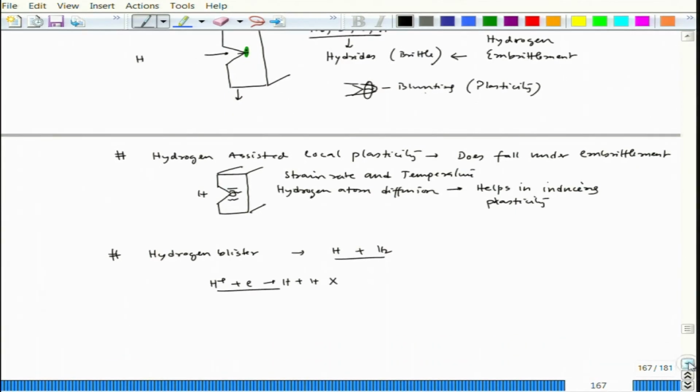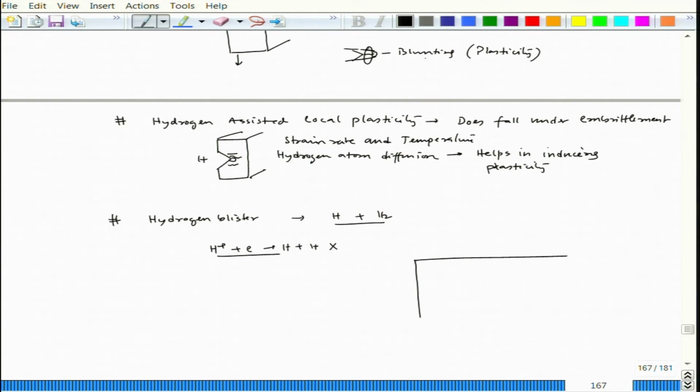then through the metal, this hydrogen will start diffusing in, and since it is a small atom, it is easy to have diffusion. Now, if there are internal flaws, let us say this is an internal flaw, hydrogen is also reaching there and diffusing inside the void.